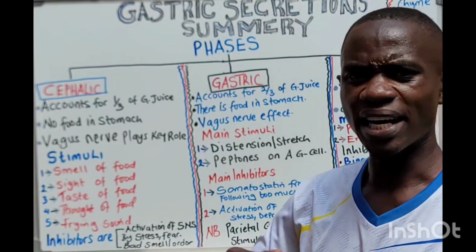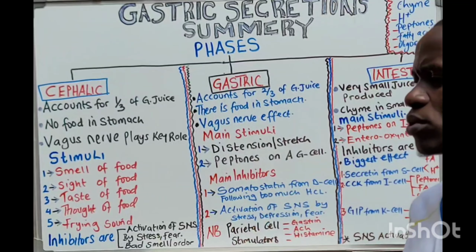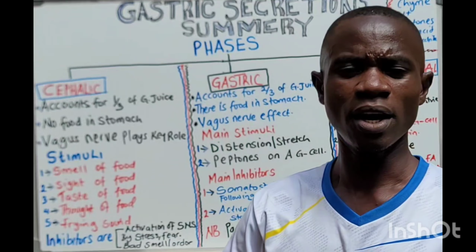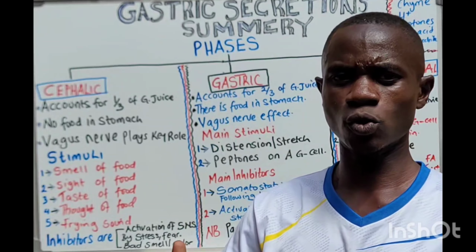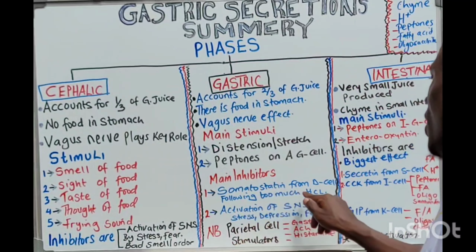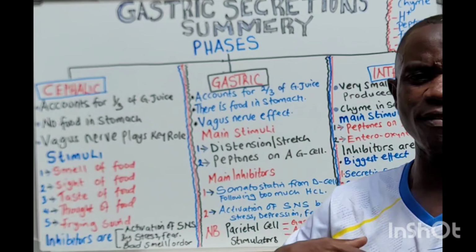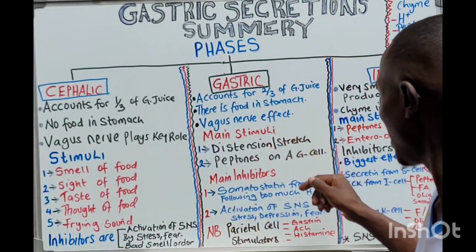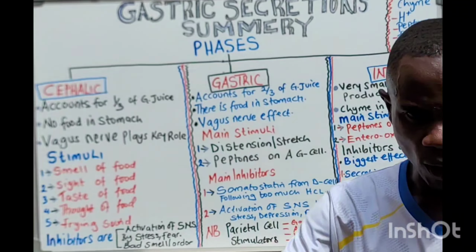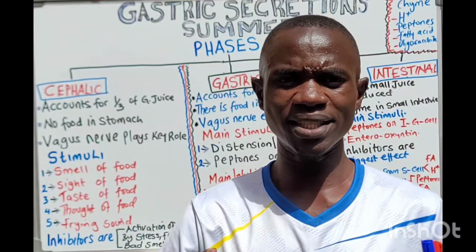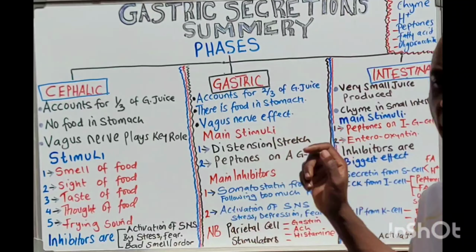These D cells are very sensitive to high levels of hydrochloric acid. When the stomach becomes very concentrated with hydrochloric acid, these D cells become activated. They have chemoreceptors that sense high levels of hydrochloric acid. When these D cells are stimulated, they will release a molecule called somatostatin.